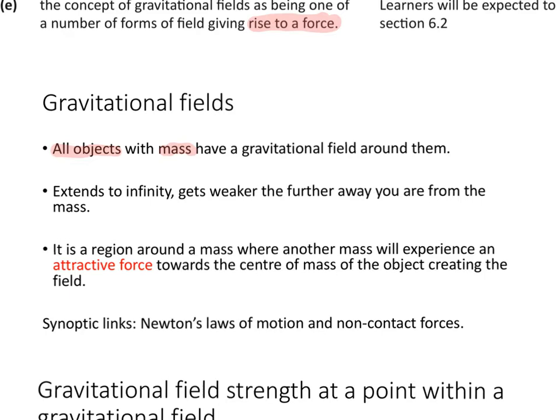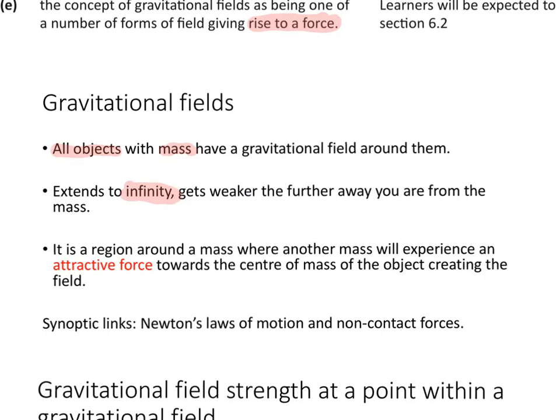Obviously, the bigger the mass, the stronger the gravitational field around an object, and this gravitational field around us and the Earth and anything that has mass extends to infinity. But obviously, it will get weaker the further you are from the mass. So my gravitational field strength outside the house is less than my gravitational field right next to my body.